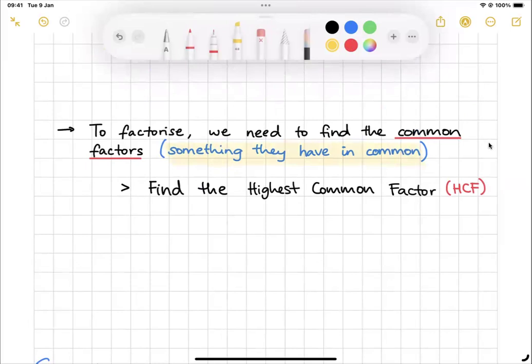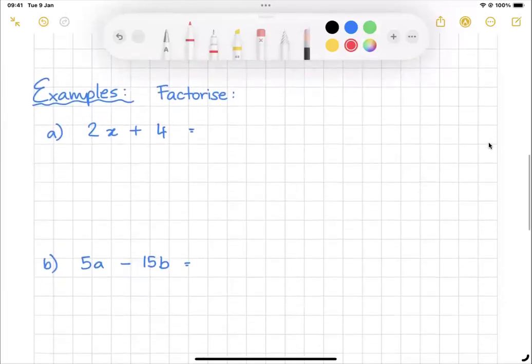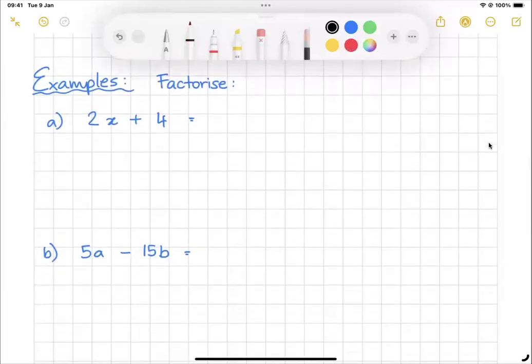To do that, we need to use this technique called the highest common factor. You should have seen this before in year 7, but if you haven't, we're going to explain it again. All right, let's go through our examples to factorize.